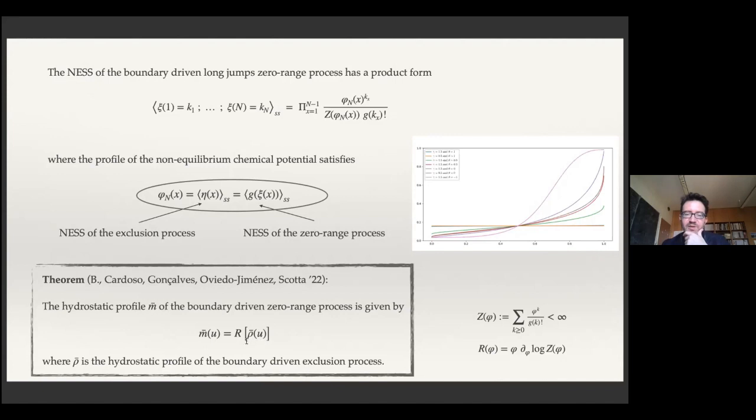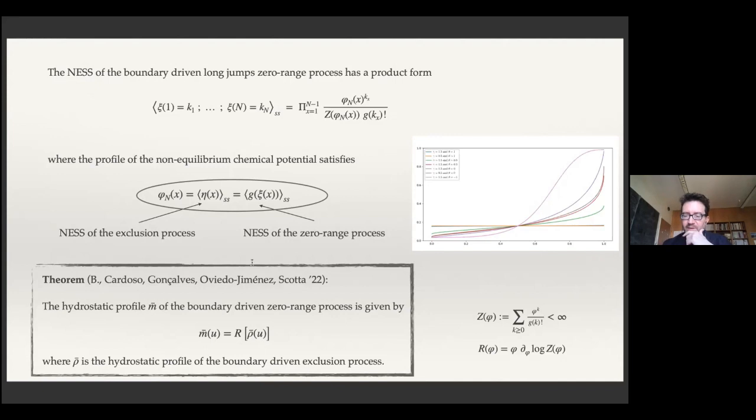So rho bar is the hydrostatic profile of the exclusion process with long jumps, and m bar is the hydrostatic profile of the zero-range process, and they are related by some function R, which is just given in terms of this partition function Z, which is written here. And so it is not very difficult once you observe this fact. It is almost trivial to see it, at least heuristically. Mathematically, it is a bit more involved, but not difficult. And so you can plot the profiles, and again, you see that there is some singularity at the boundaries.